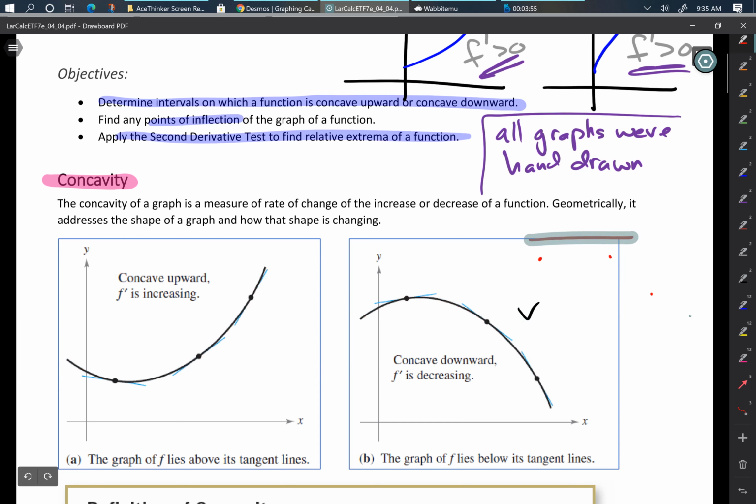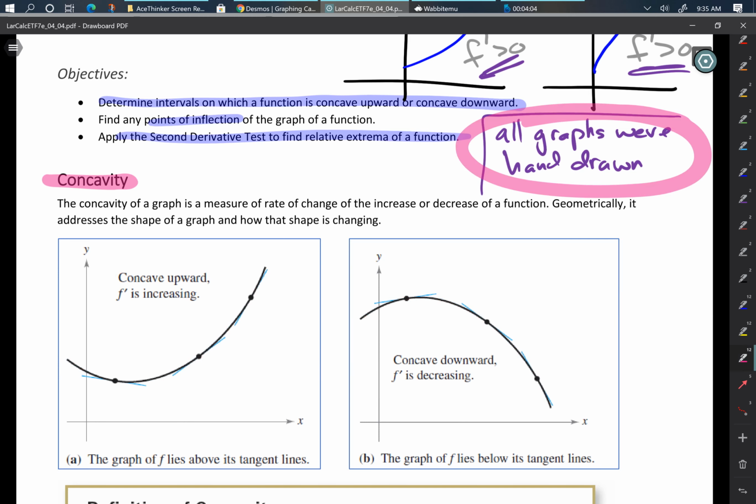Concavity is a way to describe the behavior of a function. Remember, graphs are hand-drawn. I need to be able to describe it. Concavity is a way to describe how the change is occurring. Is the first derivative increasing? Because if the first derivative is increasing, tangent lines lie below the curve, where we say that the curve is concave upward.